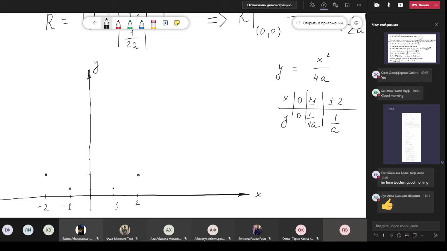These 2 points. Maybe if plus minus 3, 3 squared is 9, so 9 over 4a.